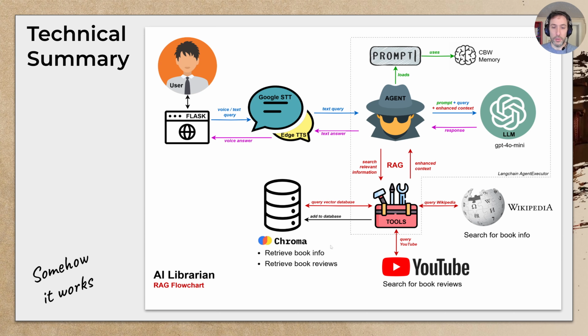The main one is access to its database, so it's able to store and retrieve information from the database, book information and book reviews. But it's also able, using the Wikipedia API, to fetch information from Wikipedia, mostly book information, and using the YouTube API to retrieve book reviews from YouTube.